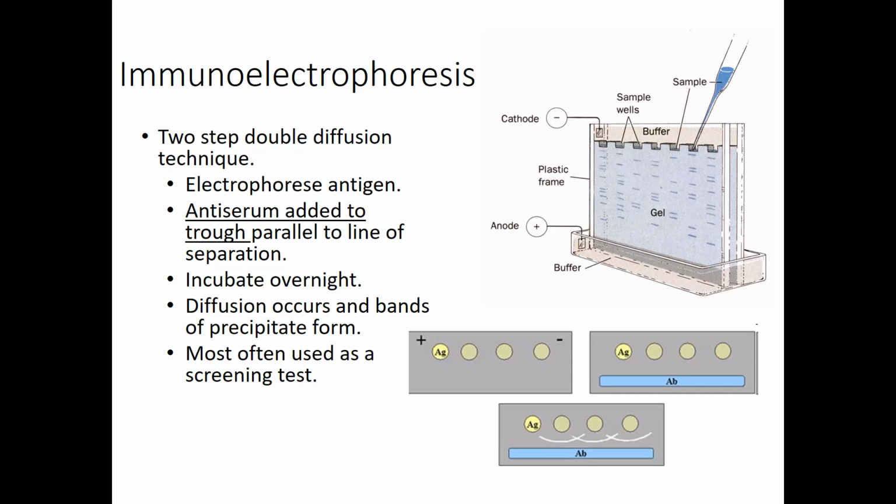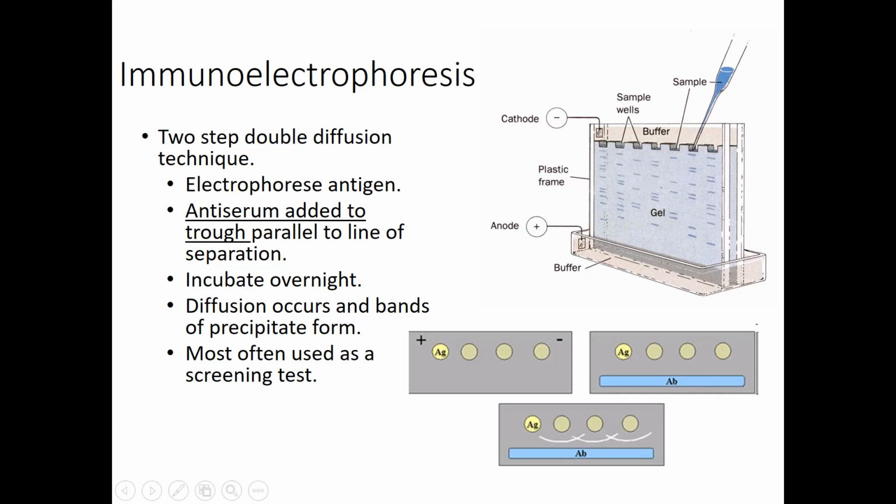Immunoelectrophoresis is done in a two-step, two-dimensional electrophoresis. Antigens first get separated, and this is what we saw last week when we did antibodies. This is basically the technique that we saw. Antigens get separated first on the basis of electrophoretic mobility. So we had antigen inserted into the well.